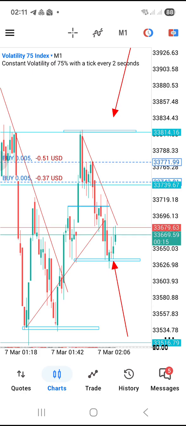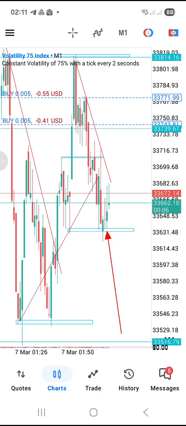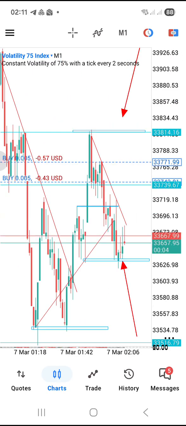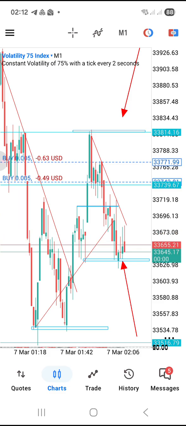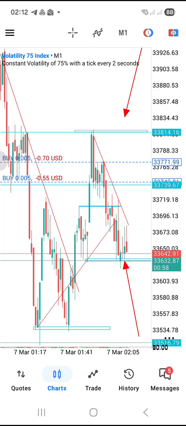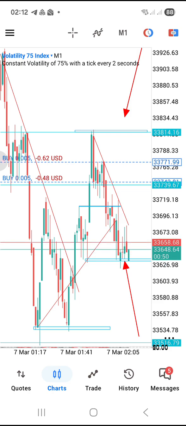Still in drawdown. That's another double bottom, very tiny, even in a much lower time frame.